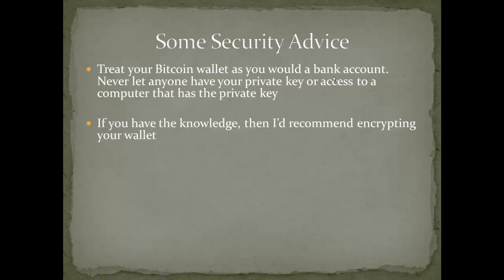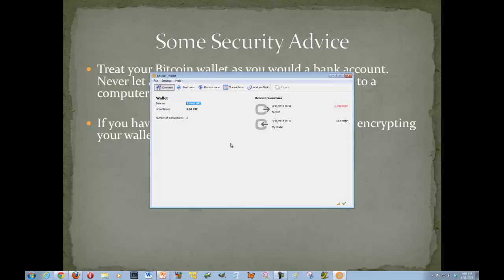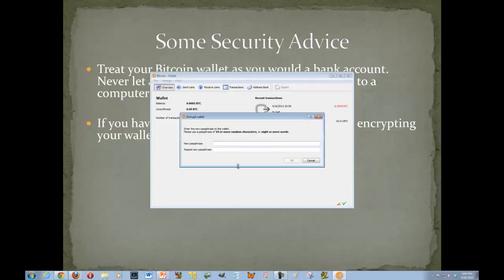You can actually encrypt your wallet if you have the knowledge of how to do that. It's highly recommended, because it's like putting your money into a vault. Using Bitcoin QT, you click encrypt wallet, and there's an entire process that you have. So if you have a shared computer, or if it's on a laptop or something, you have a potential of losing your laptop, so it's probably a good idea to encrypt your wallet.